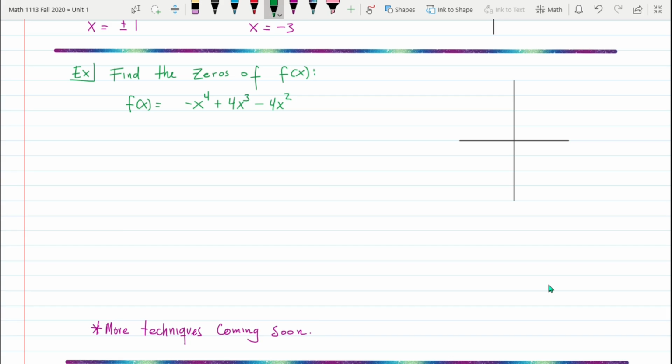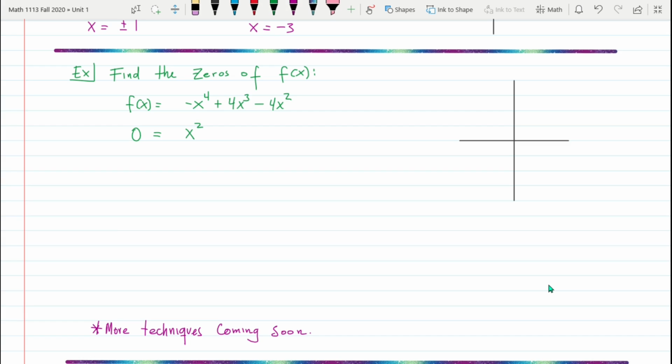So, same idea as before, we're going to start just by setting it equal to 0 and factoring, right? All of them have a power 2 in them, so let's pull out x squared.